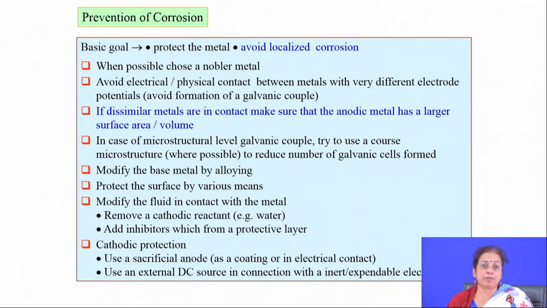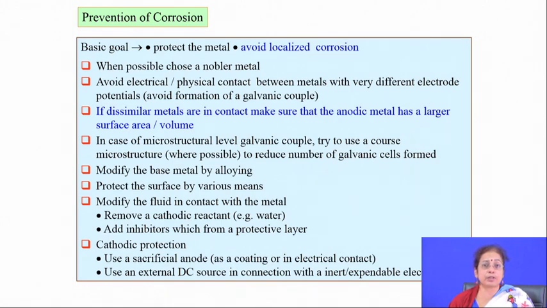Protective means that whatever film is formed out of that alloying element is highly stable in terms of its strength, its diffusivity through the oxide is very low, and its ionic conductivity is low. So, the film forming on the surface is highly protective in nature.